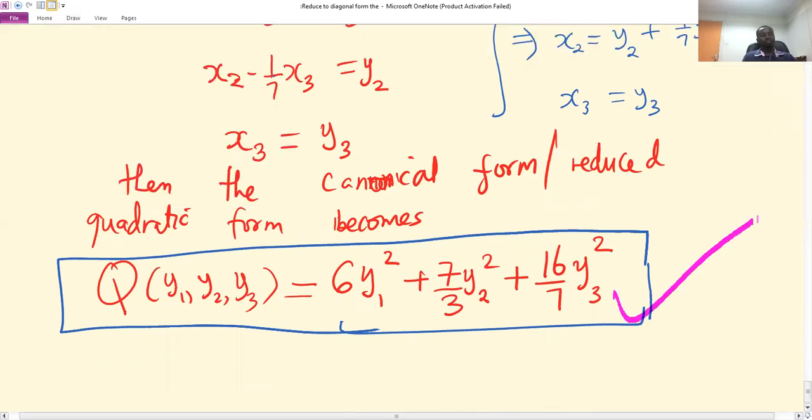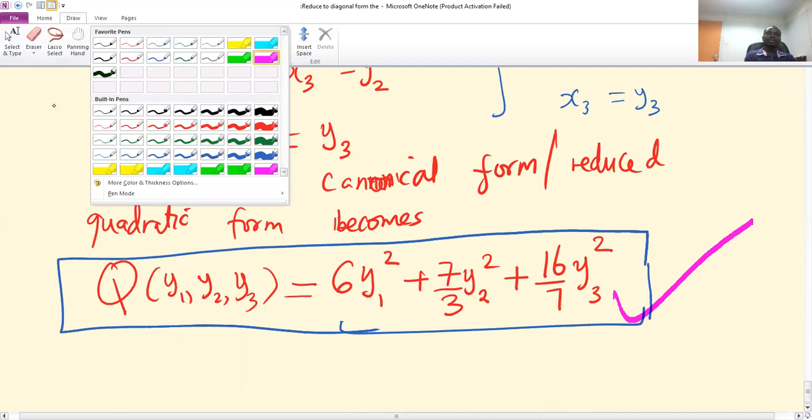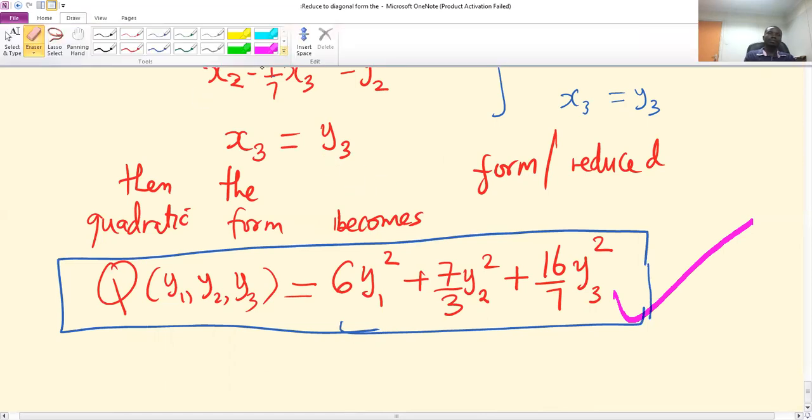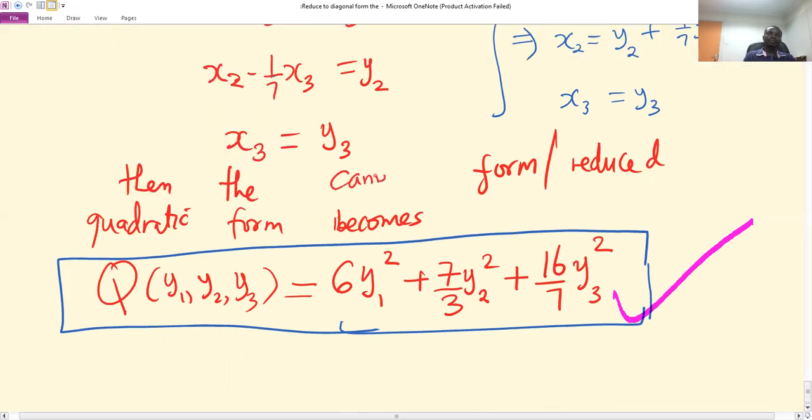If you have knowledge of completing the squares, you shouldn't have problems. If you have problems, then please check the work on completing the squares so that things make a lot of sense on your side. So this is canonical form. Thank you.